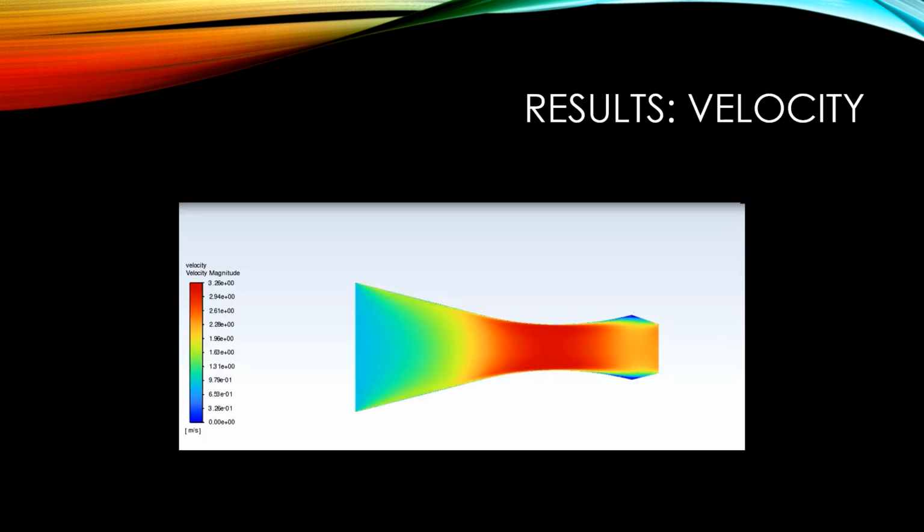Whereas velocity is low towards the inlet and high towards the nozzle. For jet engines, this makes sense because that's what produces thrust. That extreme thrust push of air is what gives the airplane that force to propel forward.